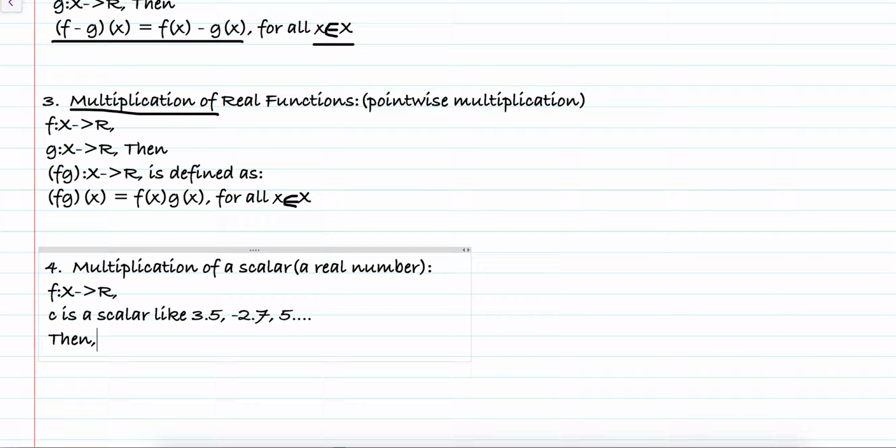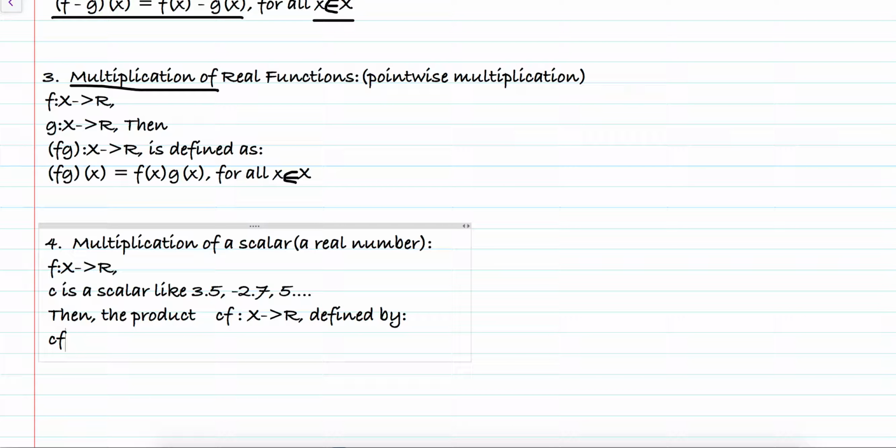Then the product c times f is also a function. c times f is also a function from X to R defined by (cf)(x), this is a new function cf.